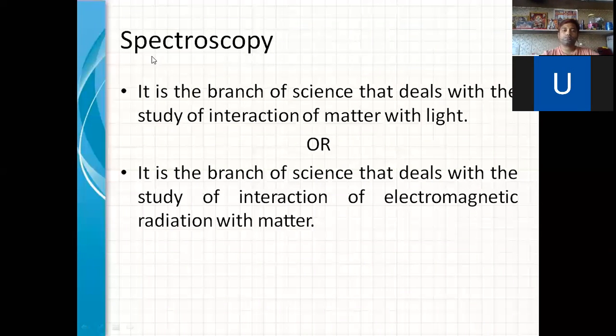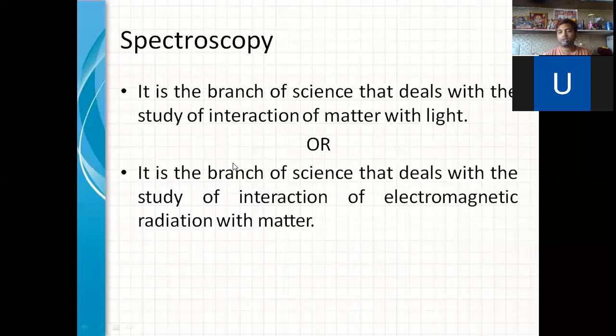Okay, so we start with UV visible spectroscopy. Spectroscopy, as we have discussed, is the branch of science that deals with the study of interaction of matter with light. Interaction of light means interaction of electromagnetic radiation with matter. When matter absorbs this electromagnetic radiation, what kind of interaction does the matter have with the light?